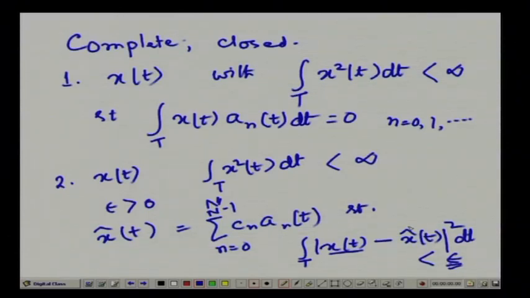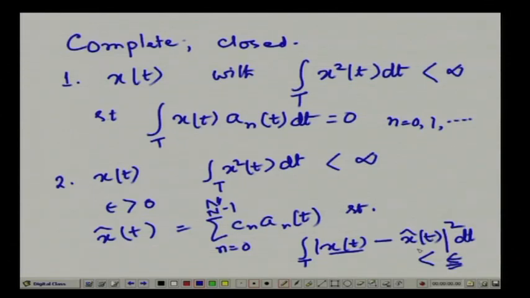And if x(t) is of finite energy, that is integral of x square t dt over capital T is less than infinity, then we can say that there must be a finite capital N, the number of terms, for which the error of the reconstructed signal, x(t) minus x hat t, squared, dt, which is nothing but the energy of the error signal introduced because of this truncation, must be limited.